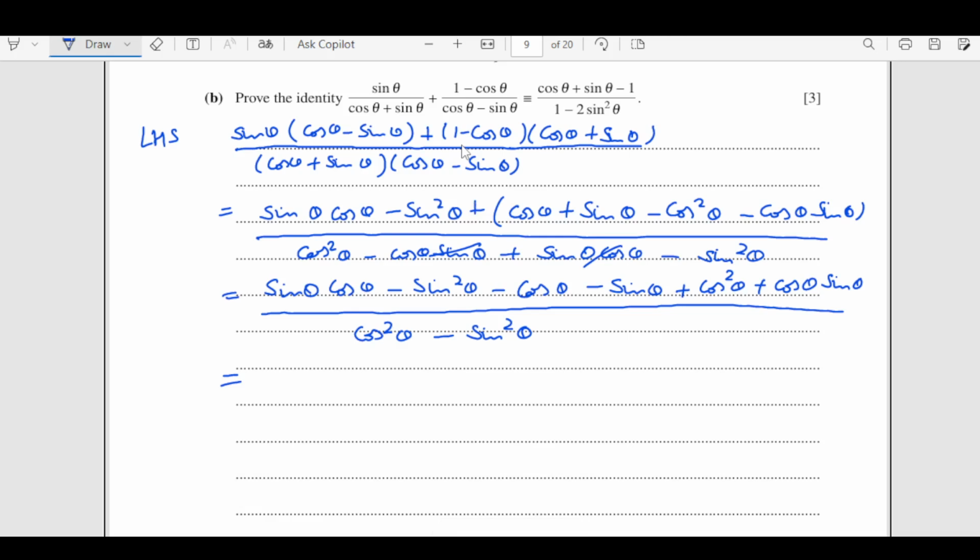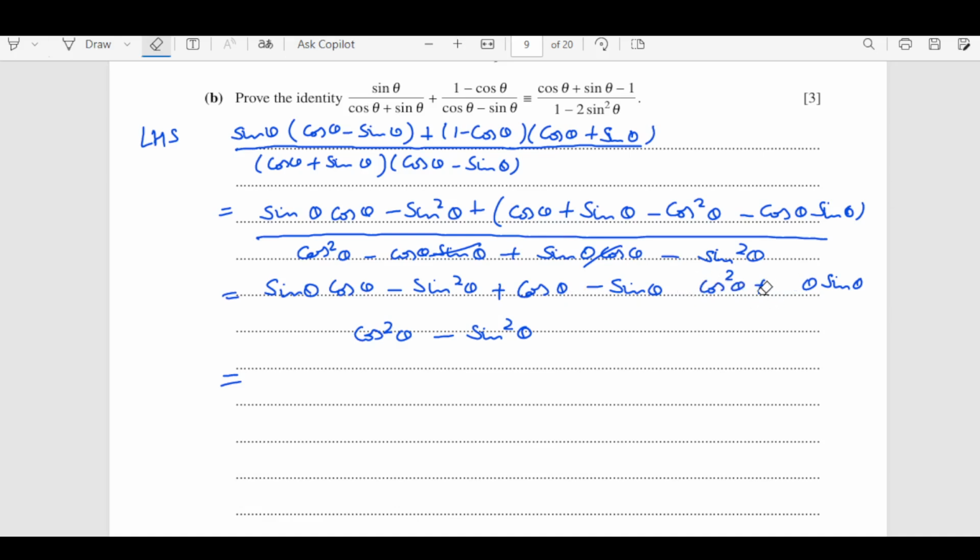So this is plus, so all the signs are going to change here, extremely sorry. So this is going to become plus. Let me just recheck everything.